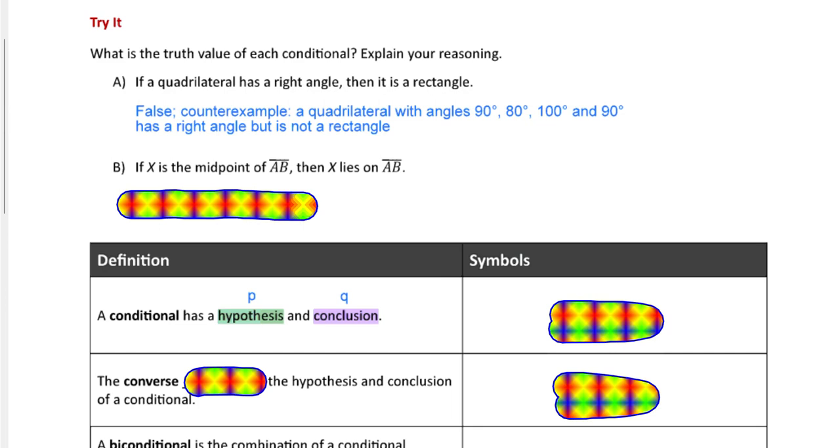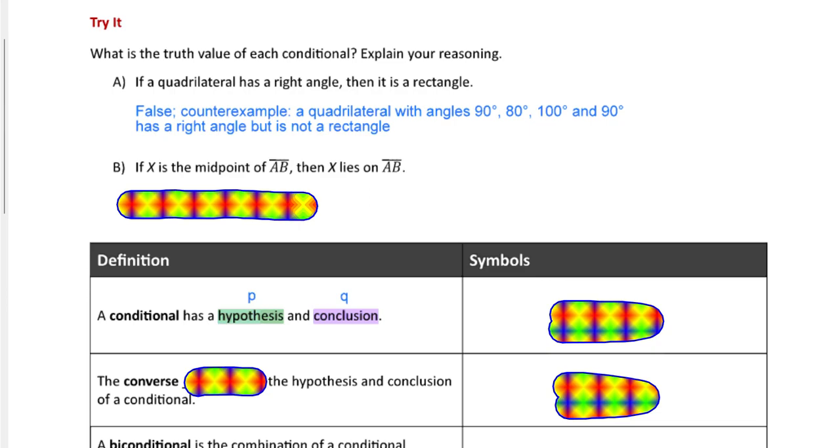Those have a right angle, but if it has 90, 80, 100, and 90 degrees in those corners, that does not make it a rectangle, but it's still a quadrilateral. I know that may be a little confusing because we haven't even talked about quadrilaterals and rectangles and squares and all that good stuff yet, but that's what fits the true definition of what a quadrilateral is.